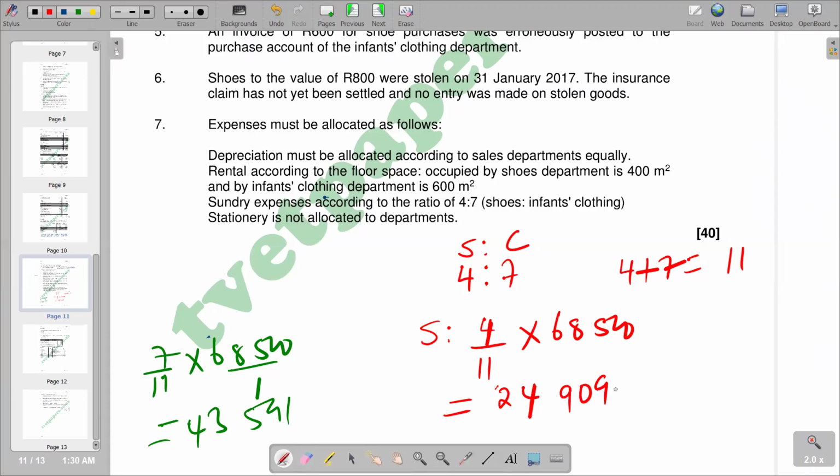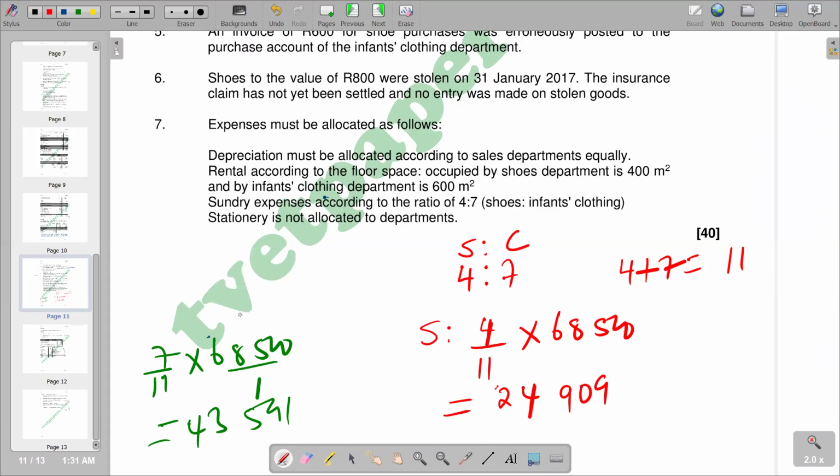So we have 24,909 for the shoes, whereby it's shoes to clothing. So our shoes is 4. So it means for shoes we've got 24,909.